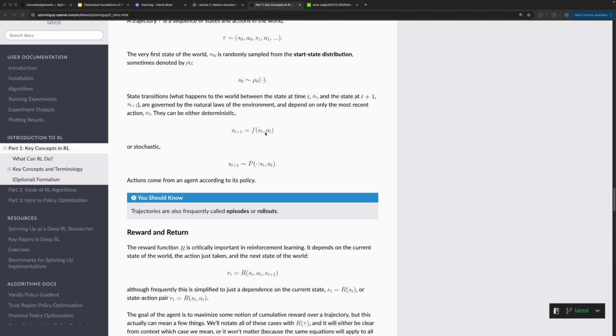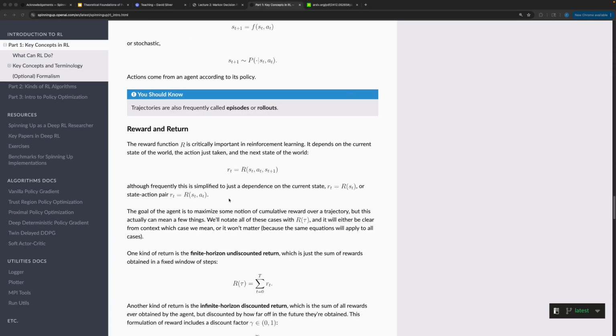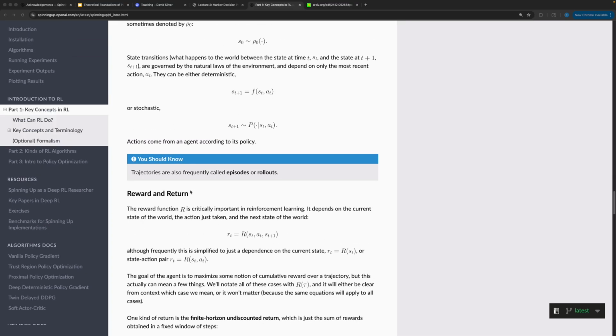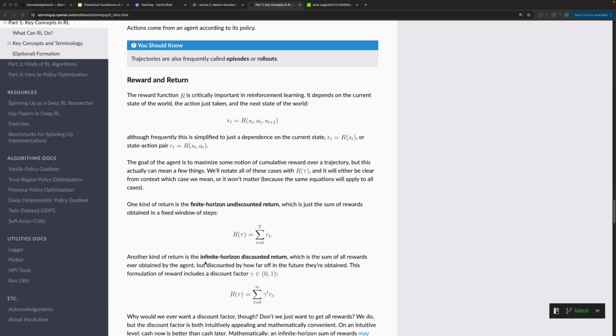Based on your state, action and next state, the reward function gives you the reward for that. The entire rollout of state, action, reward, from the initial state to the terminal state, or if it's a finite trajectory, and otherwise, this entire rollout is called the trajectory.